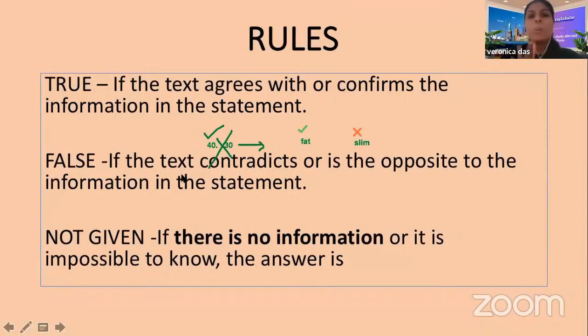Until and unless we know how to add single-digit numbers, we will not be successful. After that, we can add any number, right? So you should always start from the basics. You should understand the foundation. If you understand the simple logic, you will be able to crack any true false not given question.